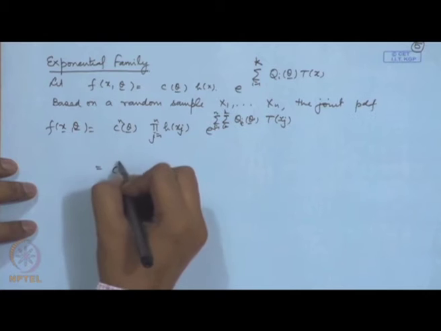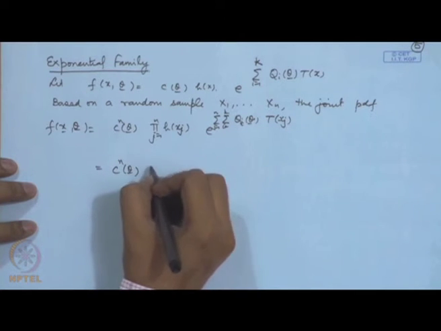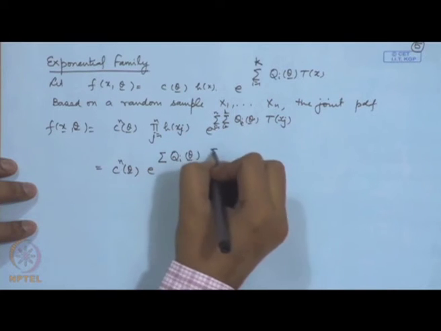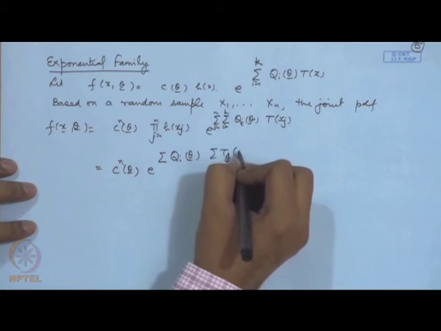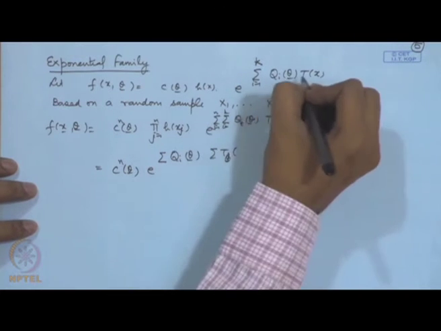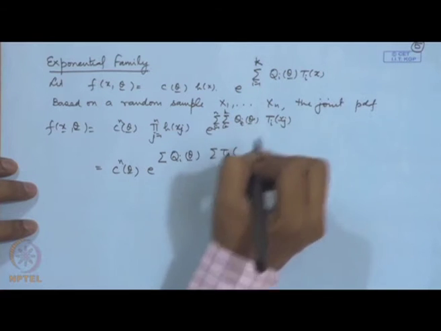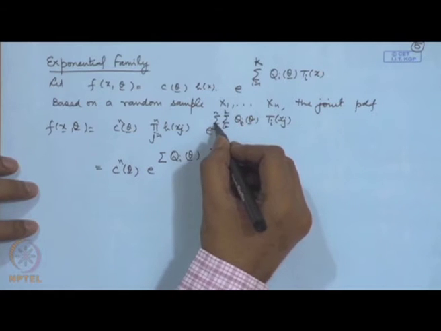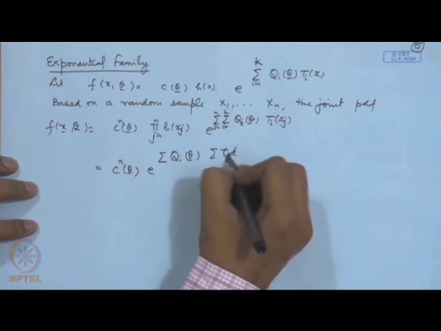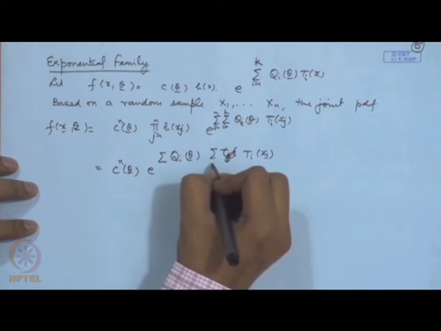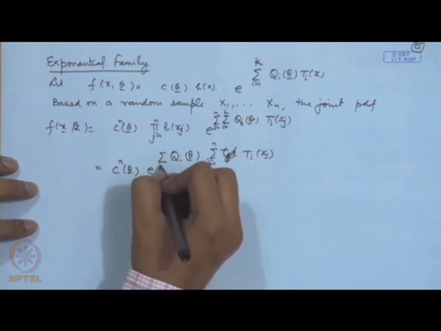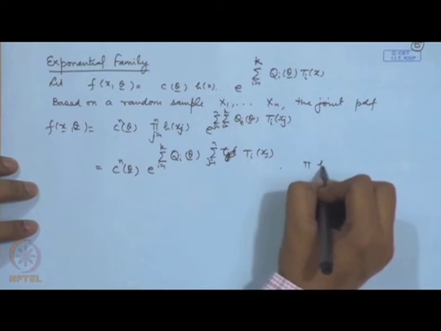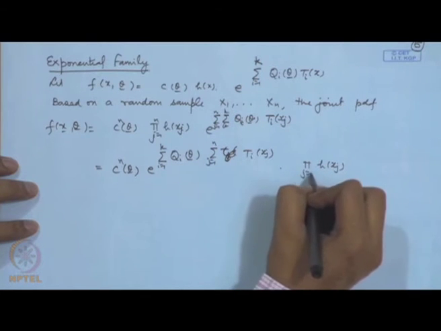Now, this I can write as c to the power n theta e to the power sigma q i theta sigma t i x j. There is a mistake here, this is t i here, so t i x j. What I am doing is taking this summation inside. So, this becomes sigma of t i x j, j is equal to 1 to n, i is equal to 1 to k, into product of h x j, j is equal to 1 to n.